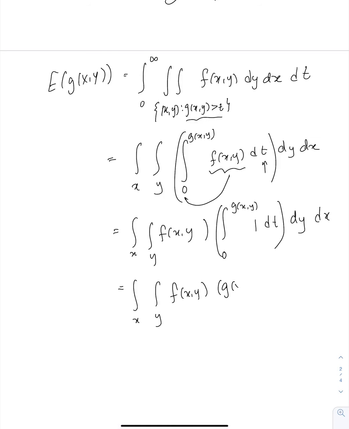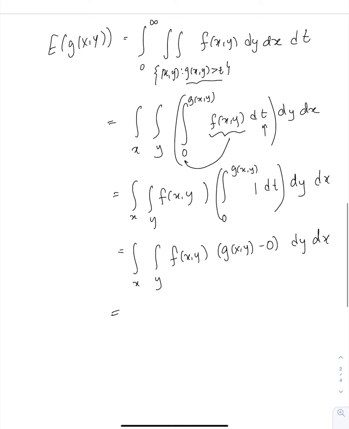So you get g of x,y minus 0, dy dx. So that is exactly the double integral over the whole plane of f of x,y times g of x,y dy dx. Okay? So that's the expectation of g of x,y. And in this proof, we've assumed that g of x,y is positive. Well, what can you do if g is both negative and positive?